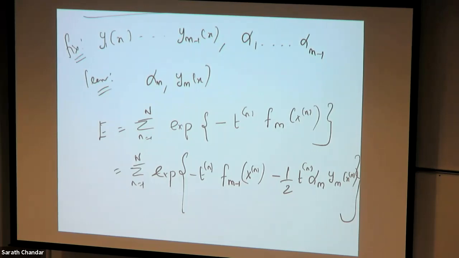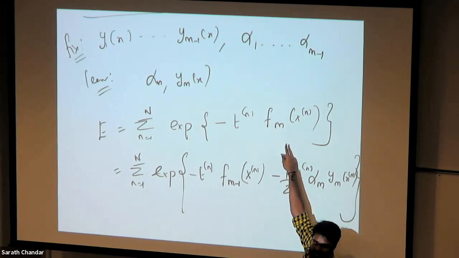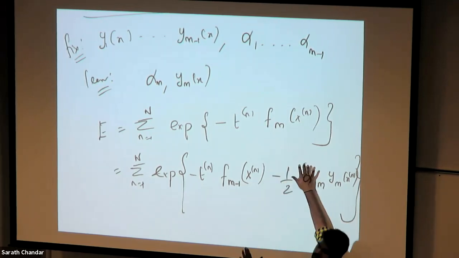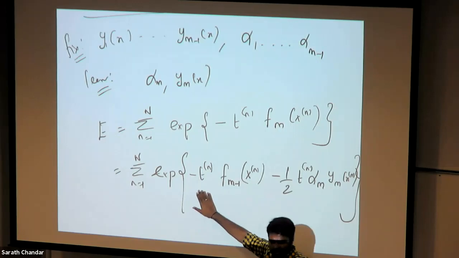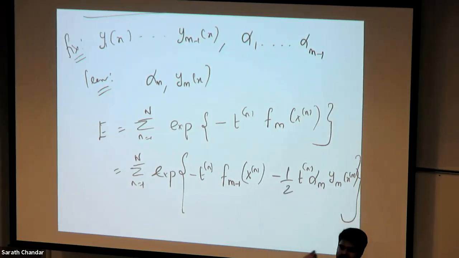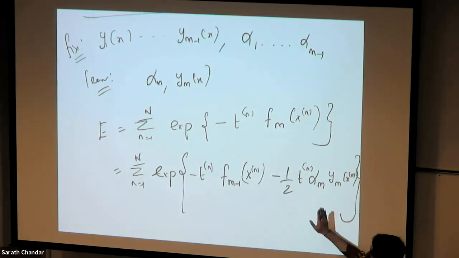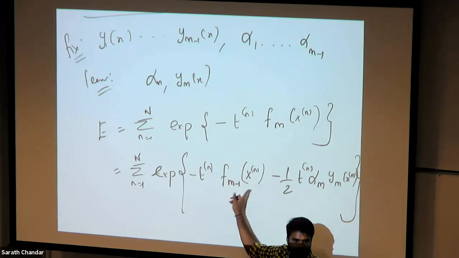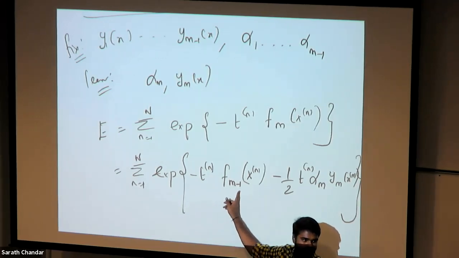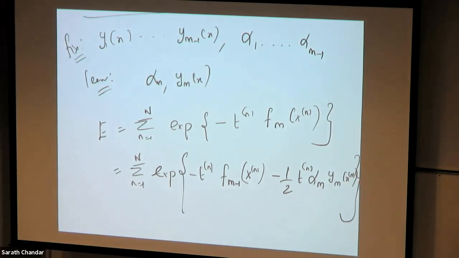So I took the original loss, where f m was supposed to be a summation over all the m classifiers, and I separated it into two parts. One part of the loss is based on m minus 1 classifiers, and another part is based on just the mth classifier. Now, when we differentiate with respect to the parameters, this is constant, since it is based on the previous classifiers. So I can safely ignore this and just focus on minimizing with respect to this part.